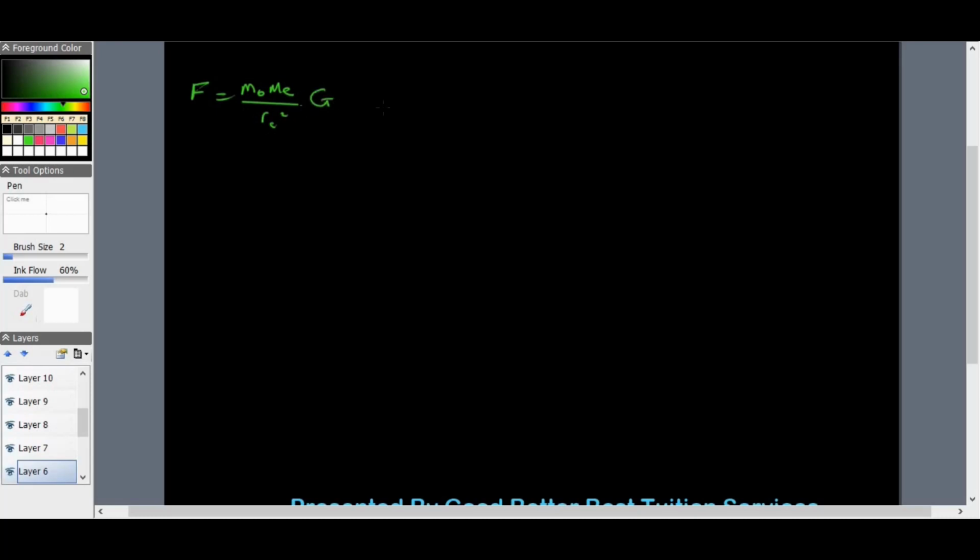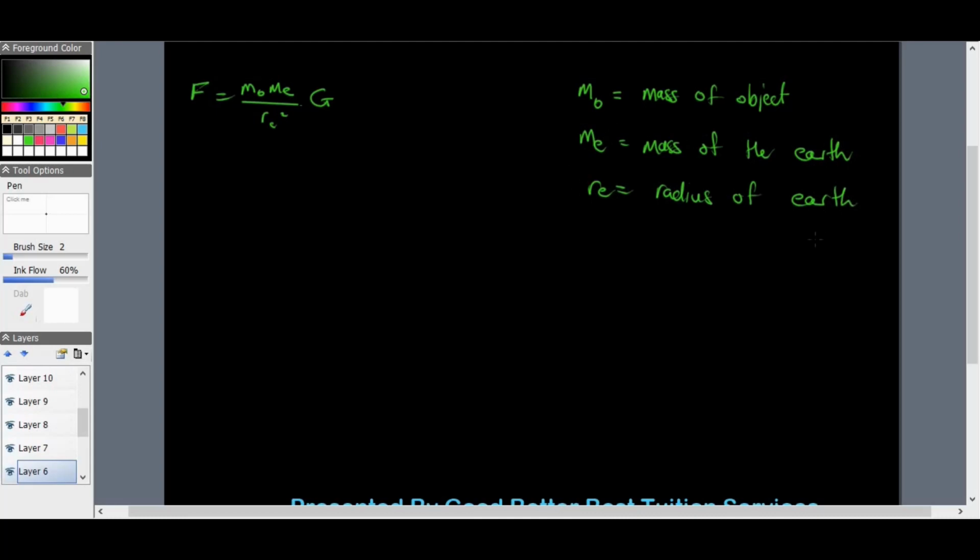M0 is the mass of the object, of course, where it is, on Earth. And you have ME, which is the mass of the Earth. The mass of the Earth is a number that is given to you. And RE in this case is the radius of the Earth, and that is also given to you.